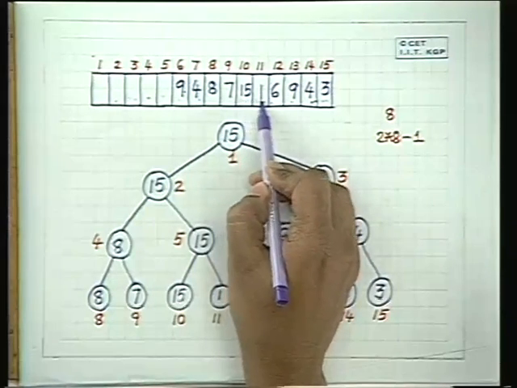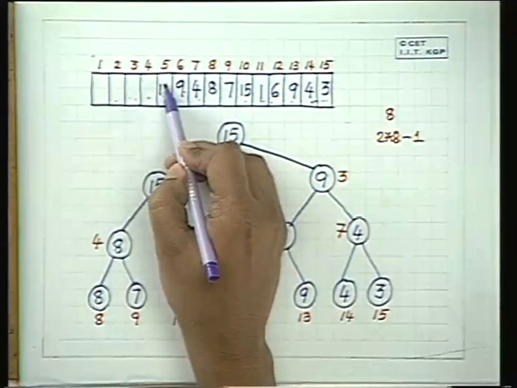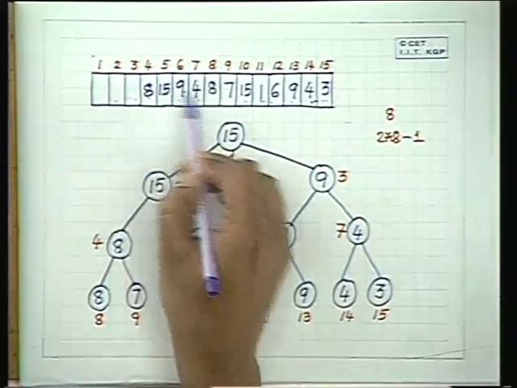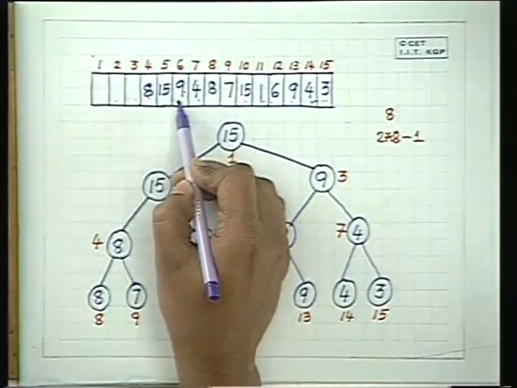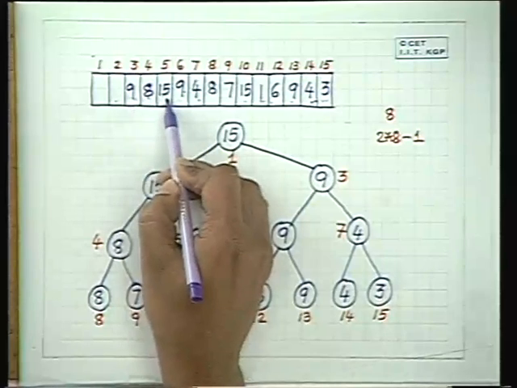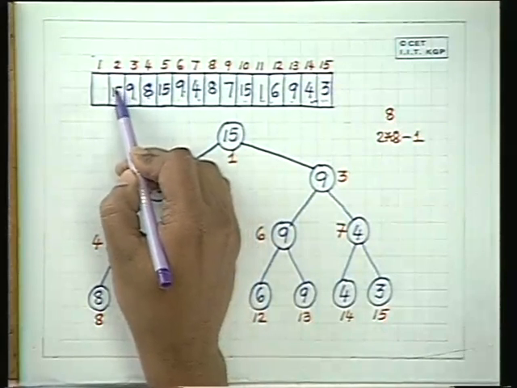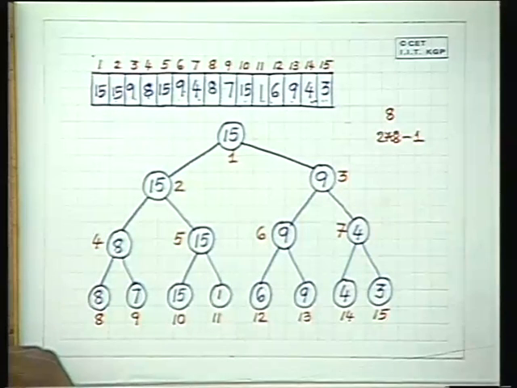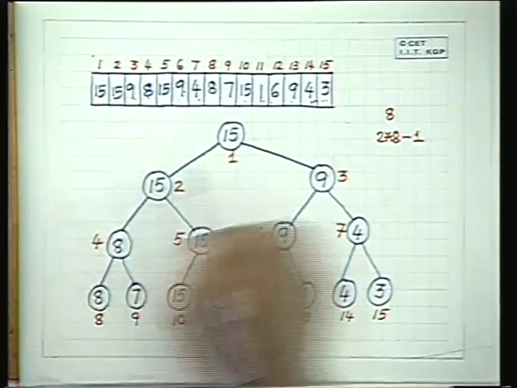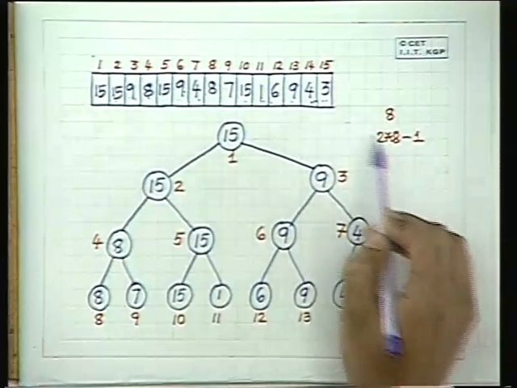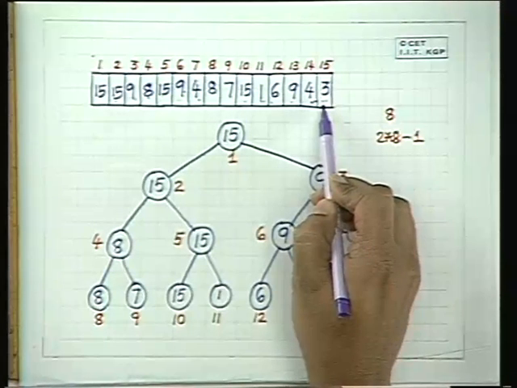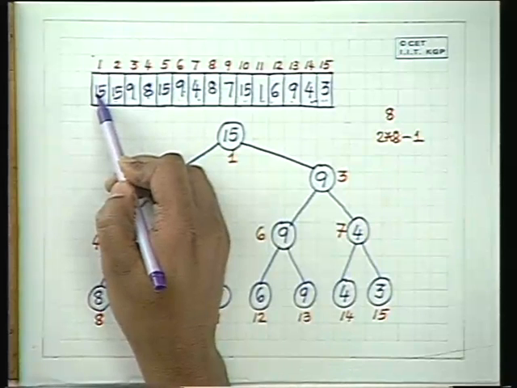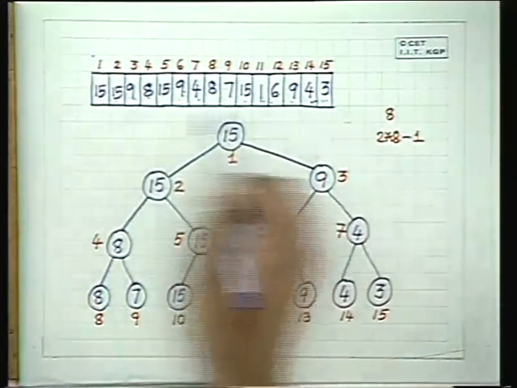And just continue, compare these two and put the larger here. So for I equals 2n minus 1 right up to here, in one loop you can simply set up the tournament.